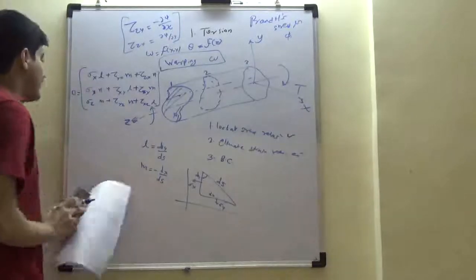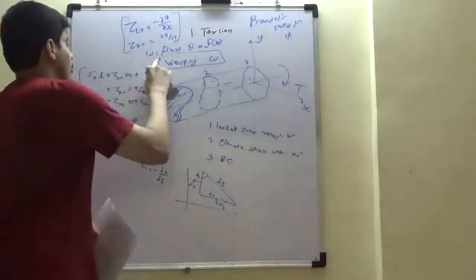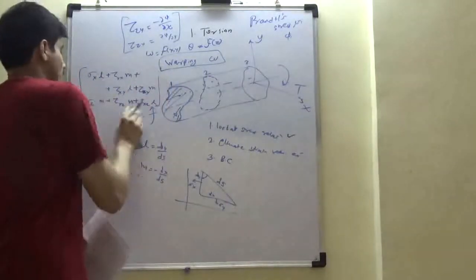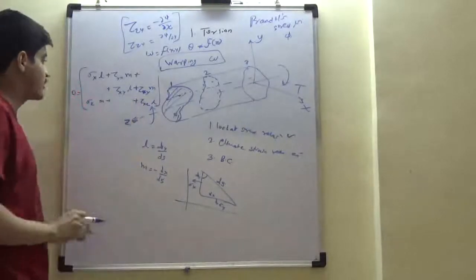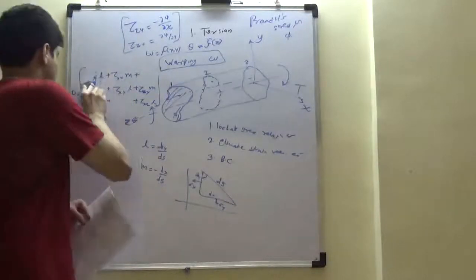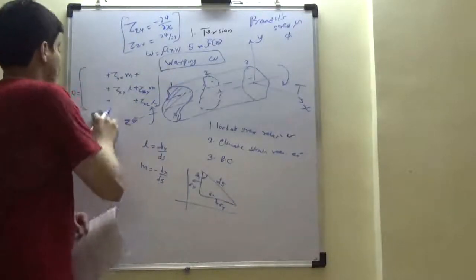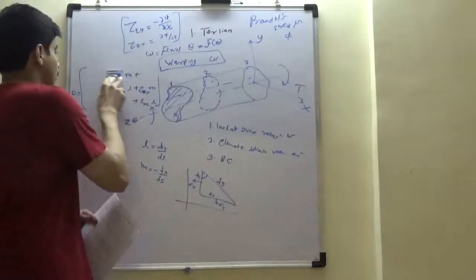Now, look at this equation carefully. We have already said that n is 0. So anywhere where n is going into the picture is straight away 0. Right? I can eliminate. Since the direction cosine itself is 0, only L and M quantities have to be left. Further, sigma x and sigma z are 0. No tensile stress. So these are also gone. Tau xy is 0. So this is gone.